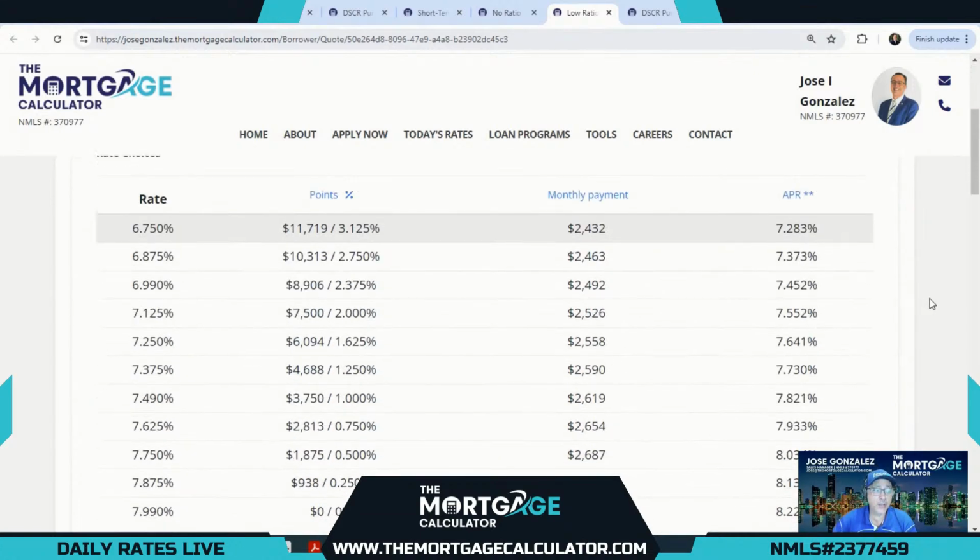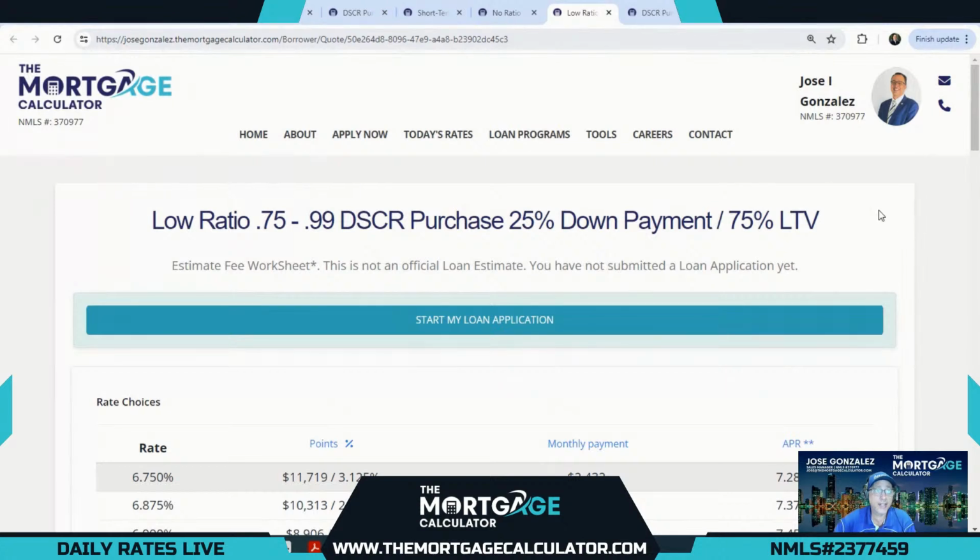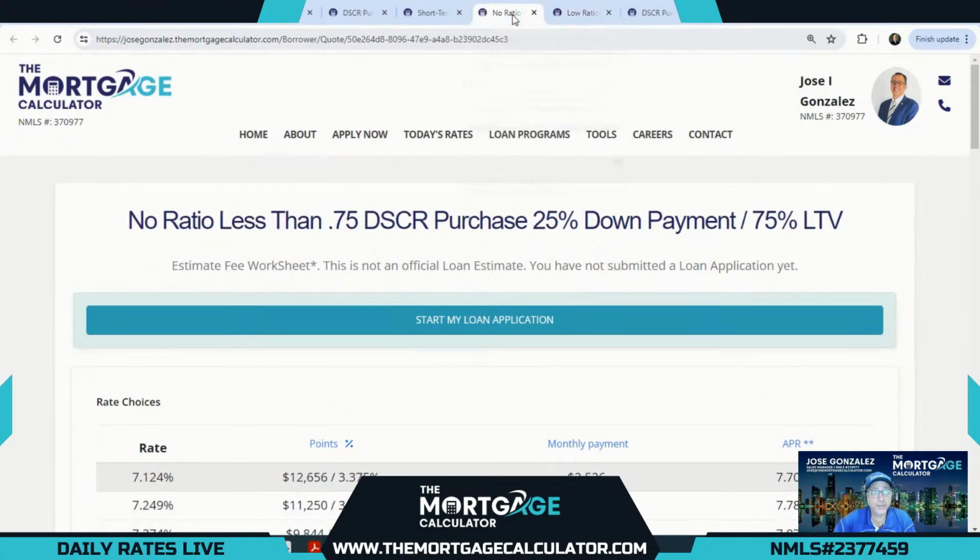Our lowest cost option is 7.99 at par, and we can buy that down to 6.75% for our low ratio 0.75 to 0.99 DSCR option.